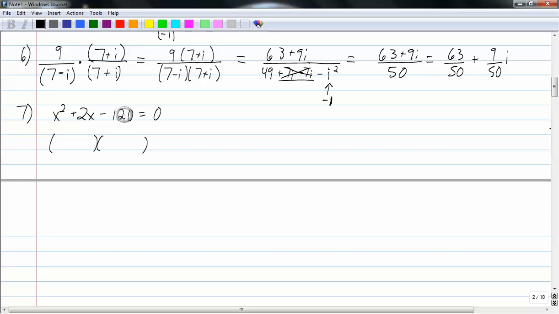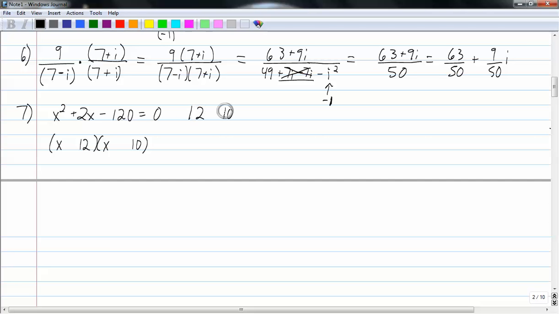Okay? Well, one set of factors that really jumps out is 12 and 10. Alright, now when I multiply them together, I want to get a negative 120 because there's a minus sign in front. And when I add the two numbers together, I want to get a positive 2. Alright, so you come down to your parentheses, put an x and an x. That'll give you x squared. And we know we're going to use 12 and 10.